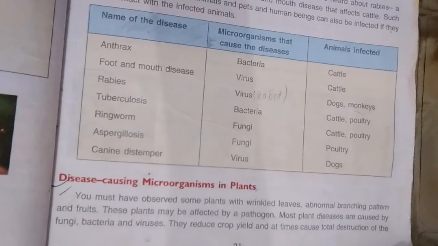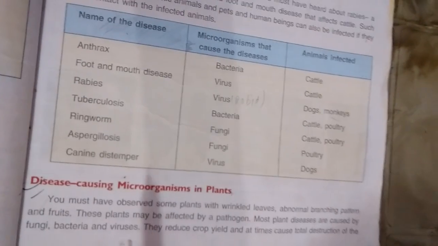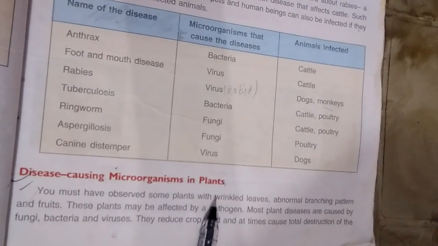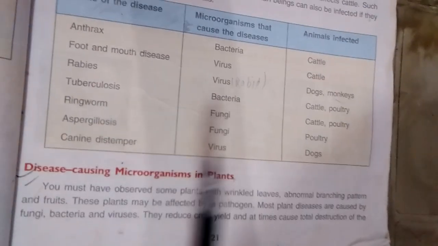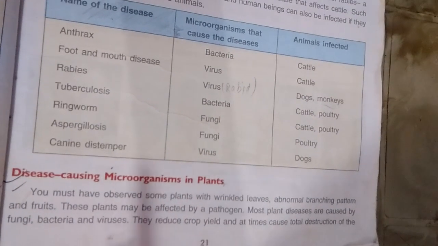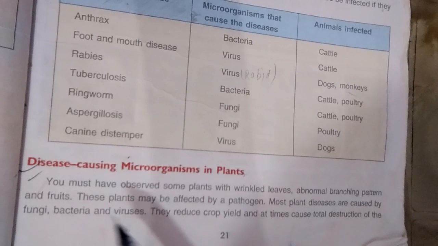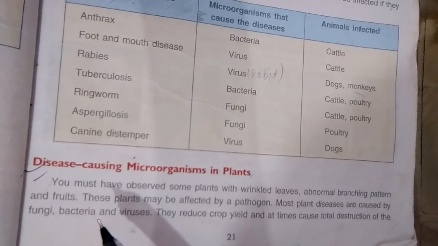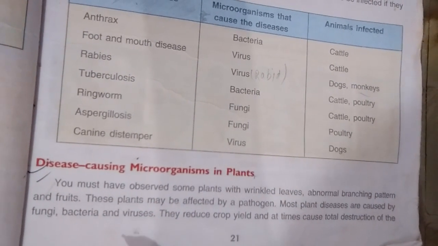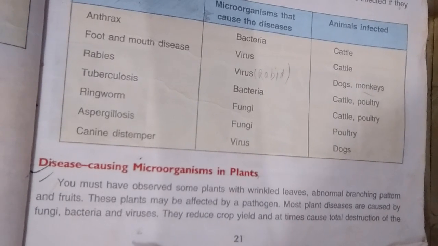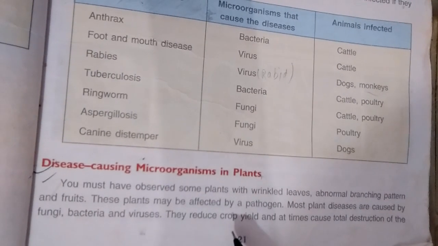Now come to the topic, disease causing microorganisms in plants. As we animals get infected by various bacteria, fungi, virus, etc., likewise the plants also get infected by these. So let us learn how plants get infected.